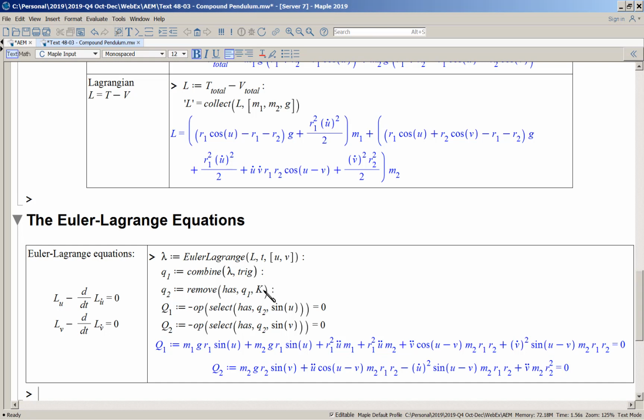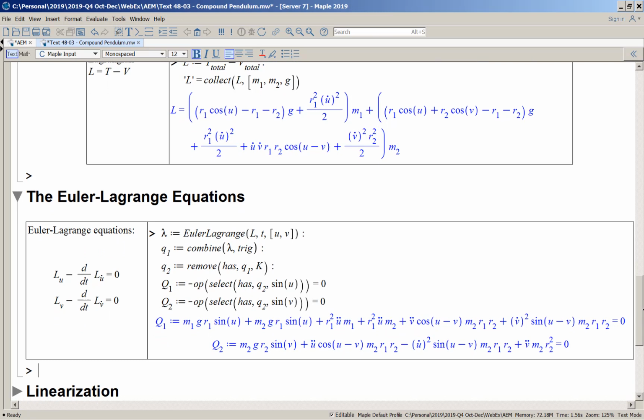And those first integrals will have the constant k in them. So I have removed anything that looks like a first integral. That leaves me with two equations, which I pick out in a specific order because the order can change. And these are the two equations. One, two. Nonlinear.